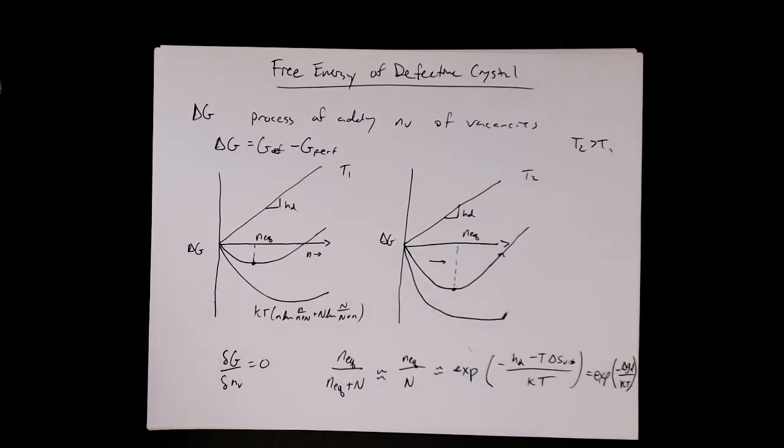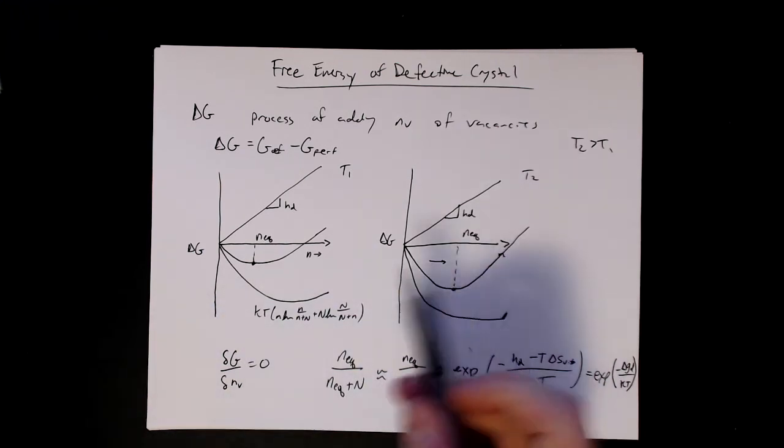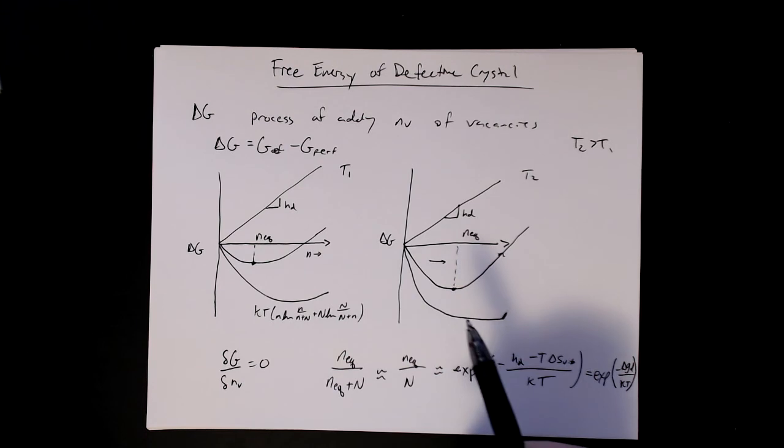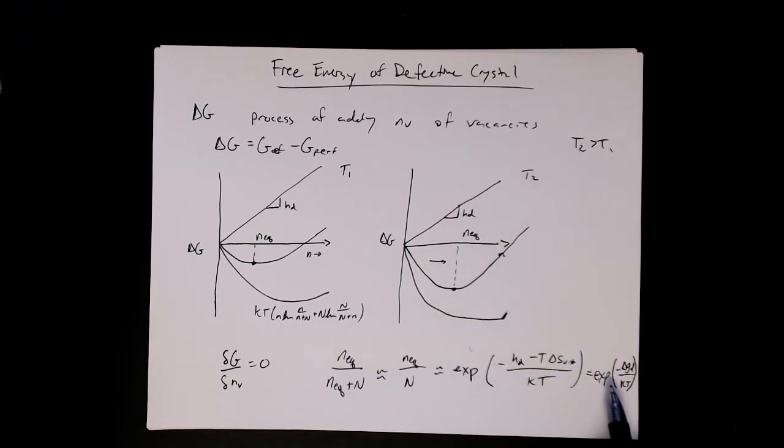So really what we see is that the equilibrium number doesn't depend on the configurational entropy, just the free energy associated with forming that single vacancy. And the equilibrium number that we get is exponentially dependent on temperature, as we see in the exponential form here.